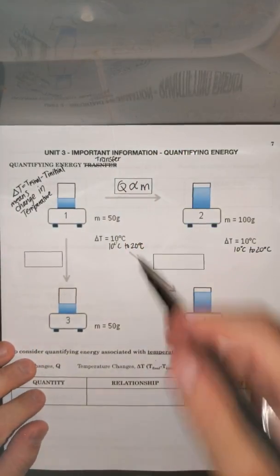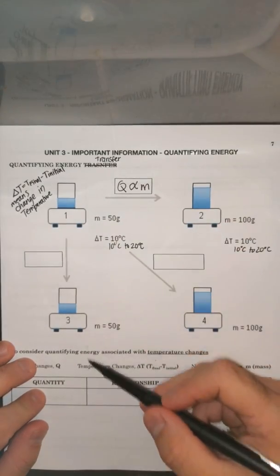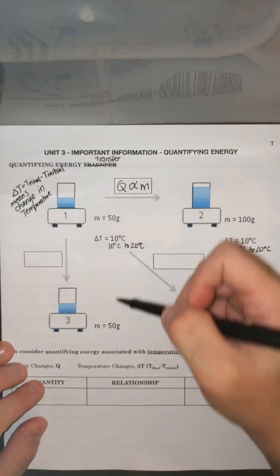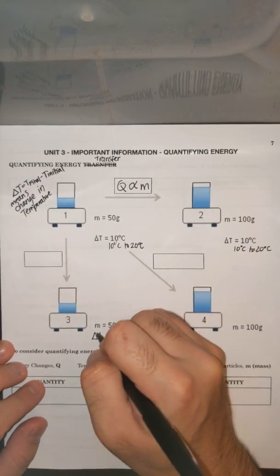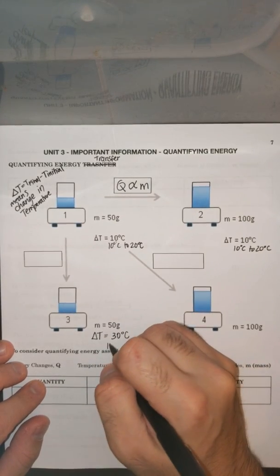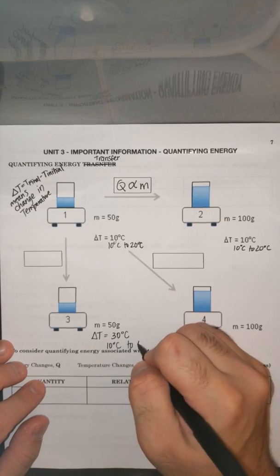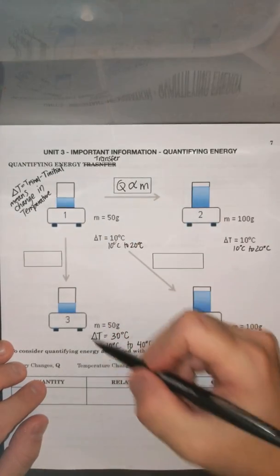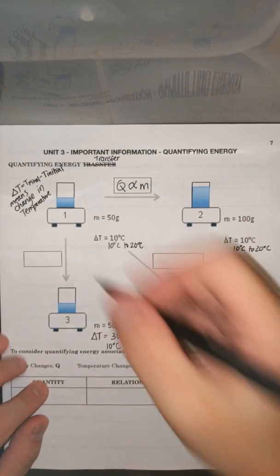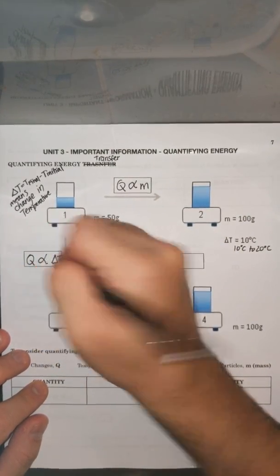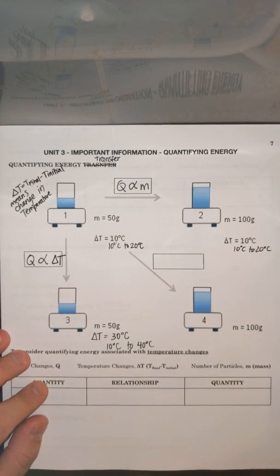But what if I had the same mass and instead of changing the temperature by 10 degrees Celsius, I change it by 30 degrees Celsius. So I'm going from 10 degrees Celsius to 40 degrees Celsius. If I have the same mass and I'm changing its temperature, that amount of heat is going to also be proportional to the change in temperature.